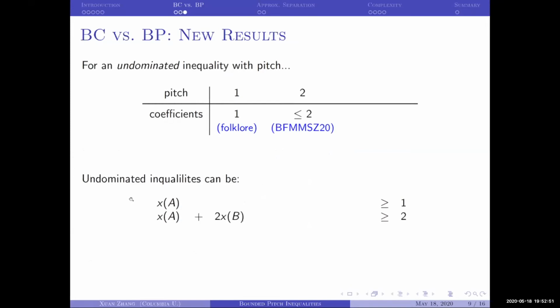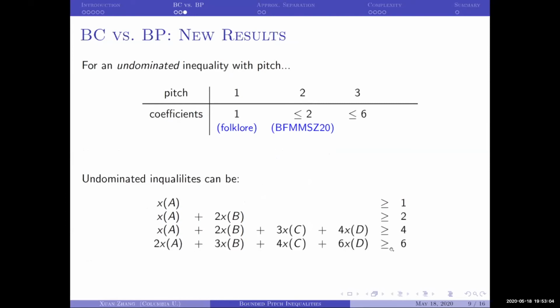And it's shown in Bienstock et al. that if the inequality has pitch 2, then its coefficients will be bounded by 2, and you'll have the format which I have here. What we show is that if the inequality has pitch 3, then the coefficients are actually bounded by 6, and they have the following format here.